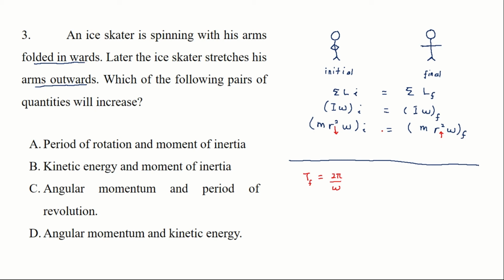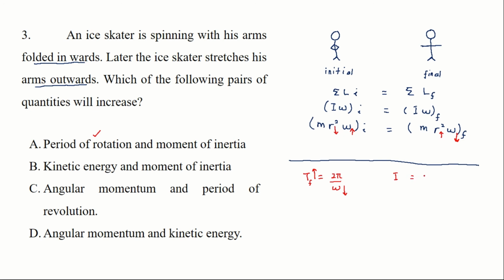So to balance the equation, omega initial must be larger and omega final must decrease. So you can balance the equation for initial and final. For final, omega decreases, so period T, being inversely proportional to omega, increases. So the answer for A, period of rotation increases, is correct.